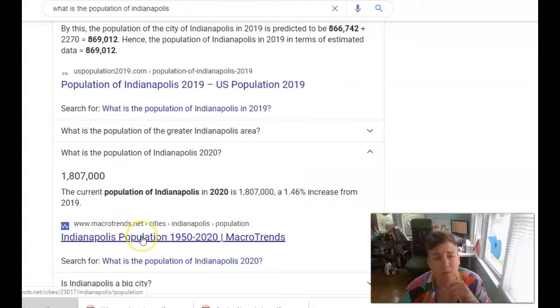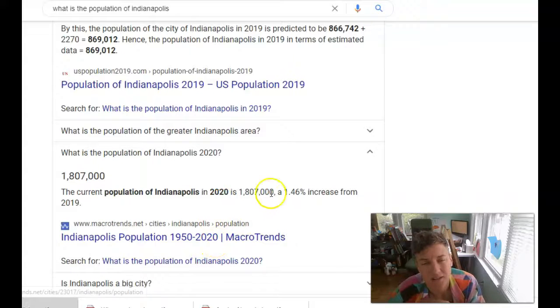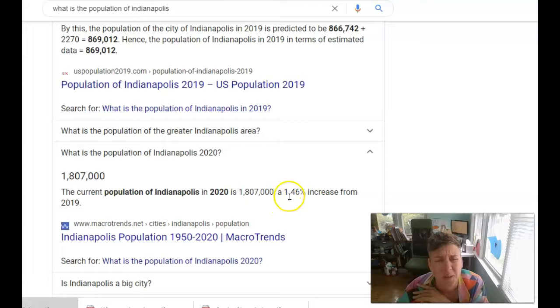Again, I'd have to check out its validity, but why would that possibly make sense? Based off the information they are saying here, it says it increased 1.46% from 2019, and in our model, we said it was only increasing by 1.1% every year. So we could be changing our rates of growth.